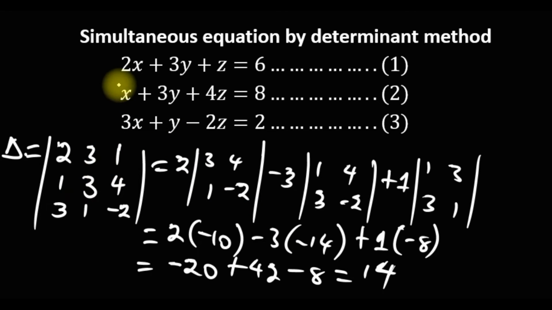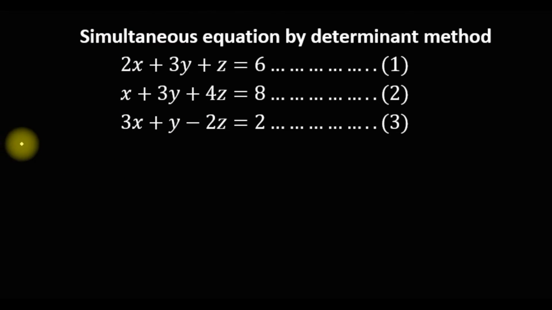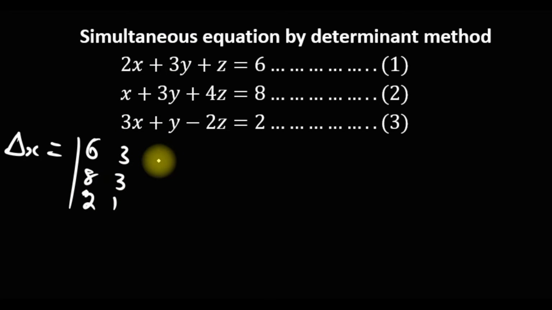So let's get the other one. Let's find the second determinant. We replace the first column with the constants, so we have 6, 8, 2, while these are the same: 3, 3, 1, and 1, 4, minus 2.